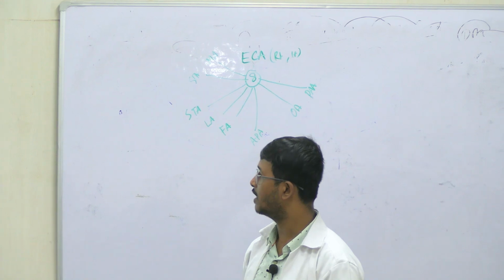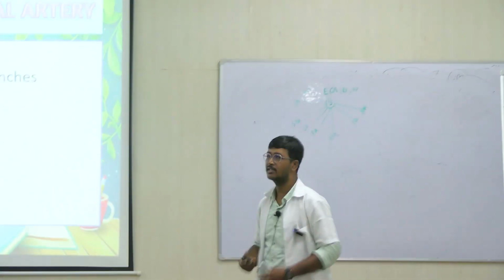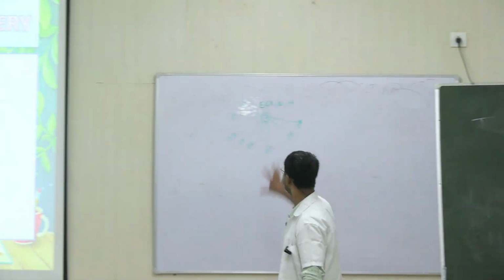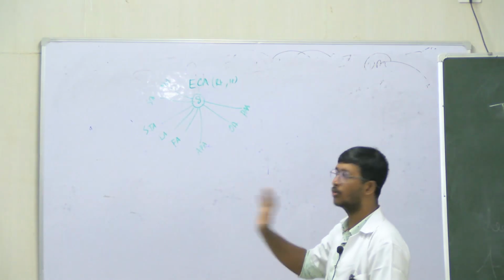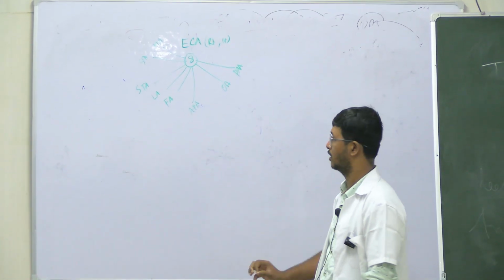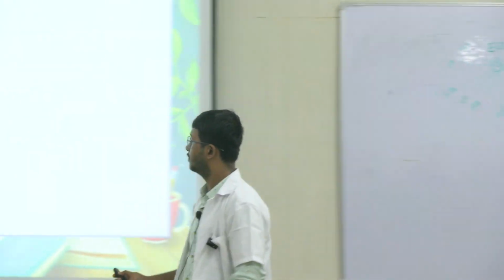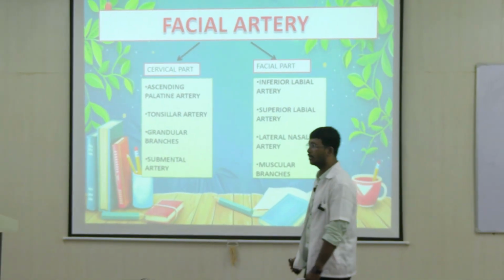Go through these arteries one by one, and try to understand the topic rather than memorizing it. Memorization part is only this much: what are the branches of your external carotid artery, as well as the course of the external carotid artery. Other than this, try to understand these things, and then it will be easy to write in the exam. Okay, that's all.